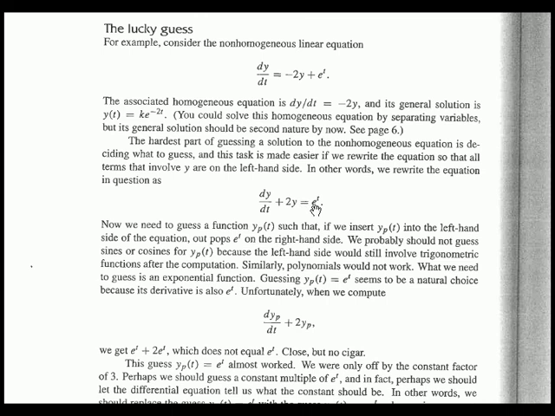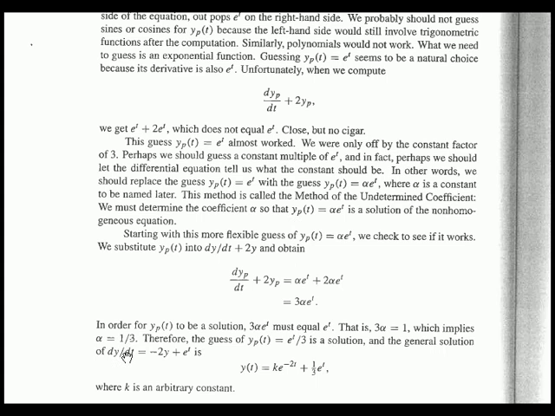We try alpha e to the t. They tried some other things here to show they don't work, but our rules tell us, try alpha e to the t, because the right hand side is e to the t. If it were 4 e to the t, we still try alpha e to the t. Plug that in, and y prime is alpha e to the t plus 2 times y is alpha e to the t, and we get 3 alpha e to the t.